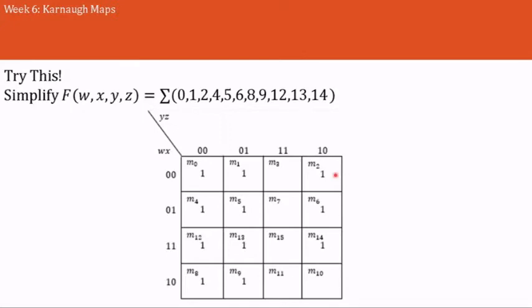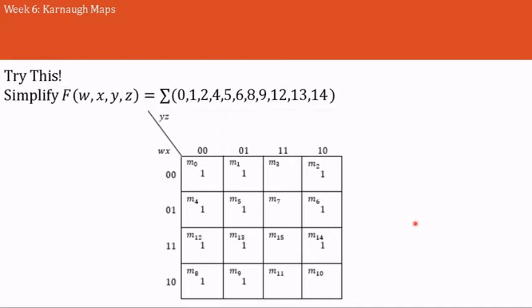We have here minterm 0, minterm 1, minterm 2. We have minterm 4, minterm 5, minterm 6. We have minterm 8, minterm 9. We have minterm 12, minterm 13, and we have minterm 14.